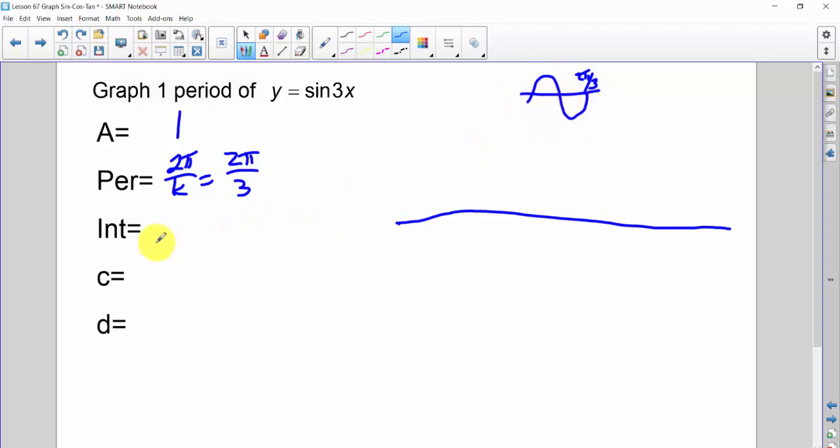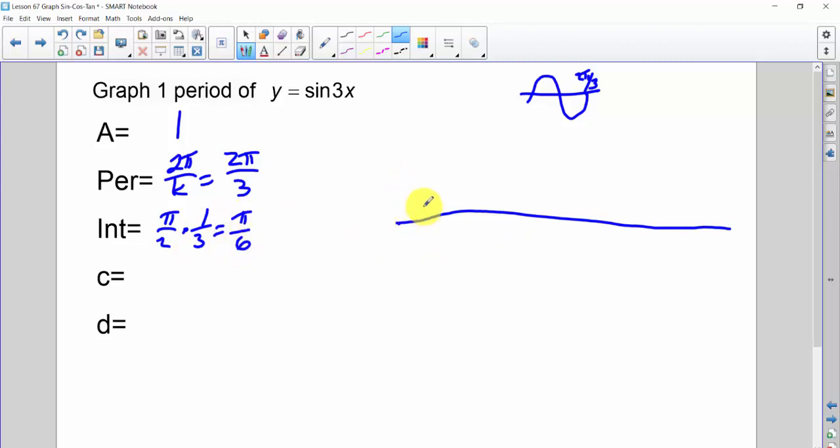So basically what we do is we take our pi over 2, which is our normal interval, and we cut those by the k value, or a third. So our interval is pi over 6.